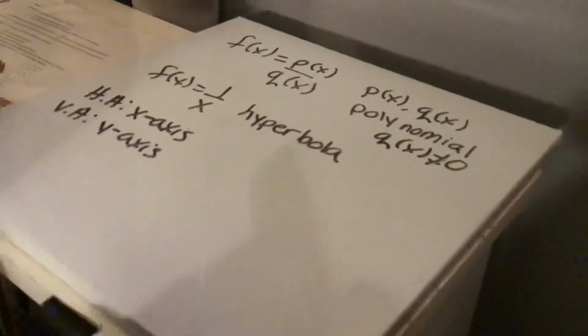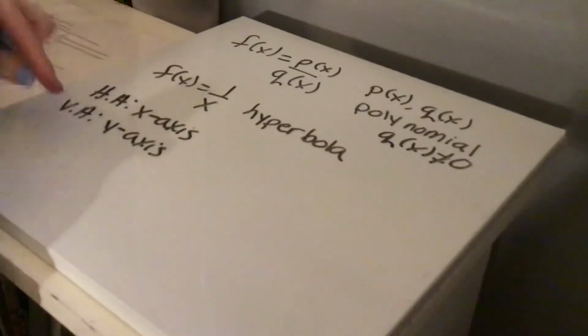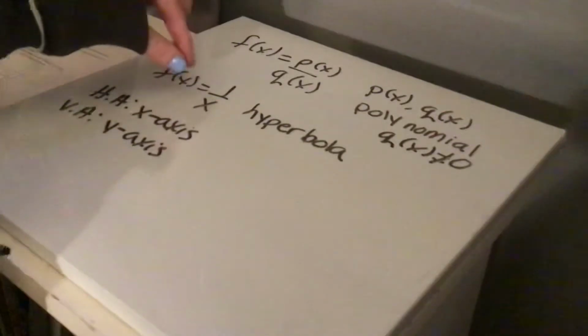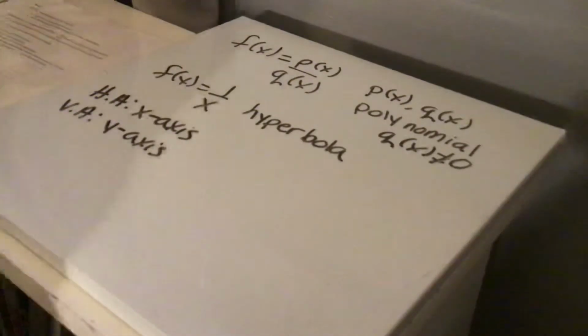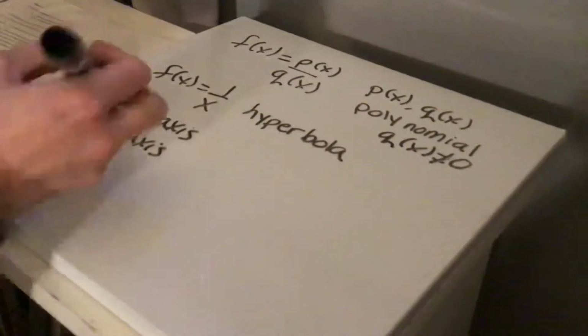Because you can never put x equals 0 in, and you will never get 0 out. You'll get really, really small numbers, but it will never actually equal 0. So that's why the x and y-axis are our asymptotes. X can't ever be 0, y can't ever be 0. Domain and range: if these are our asymptotes, that means we can put in anything but 0, and we're going to get out anything but 0.